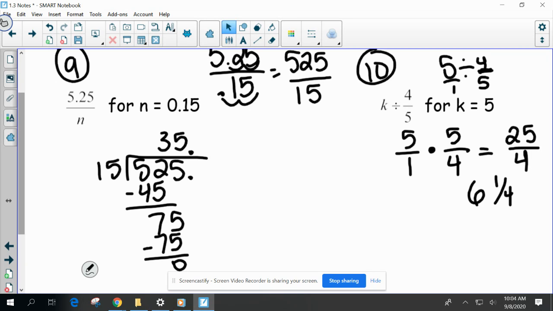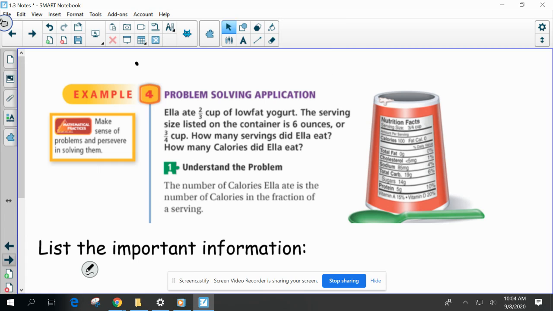Okay, we just have one problem left over, and it's a word problem. So this is number 11. All right, Ella ate 2/3 of a cup of low-fat yogurt. So I'm going to list out the important information. So she ate 2/3 of a cup.